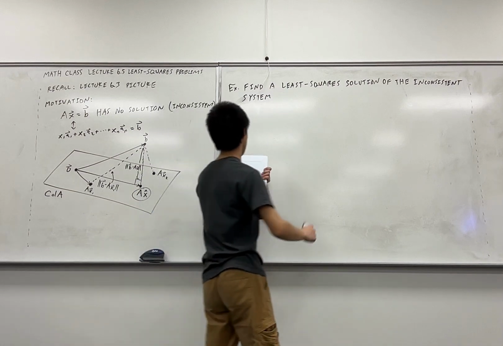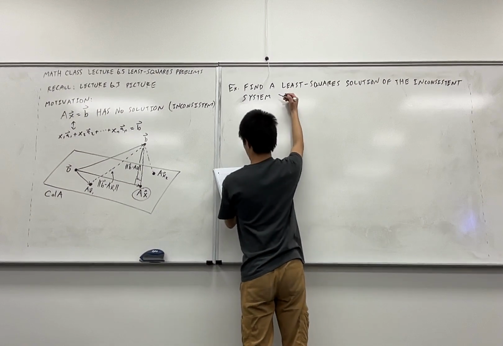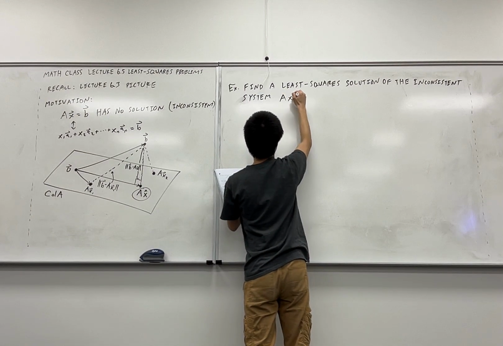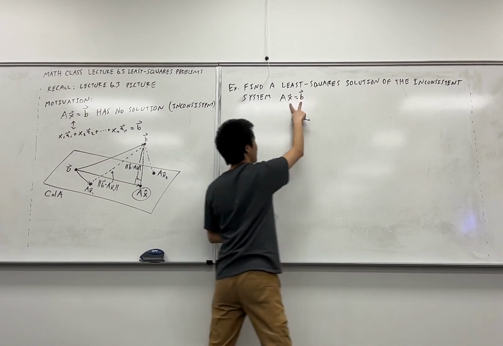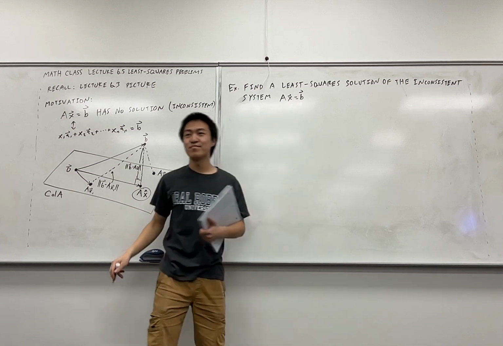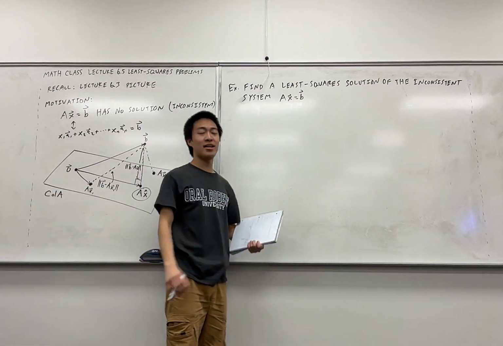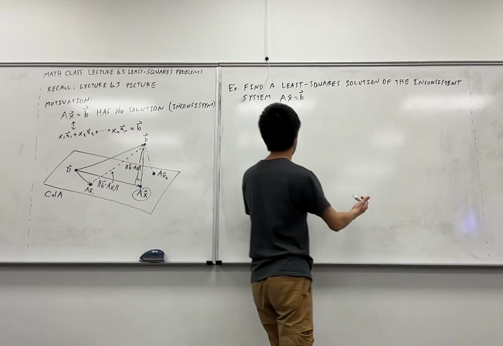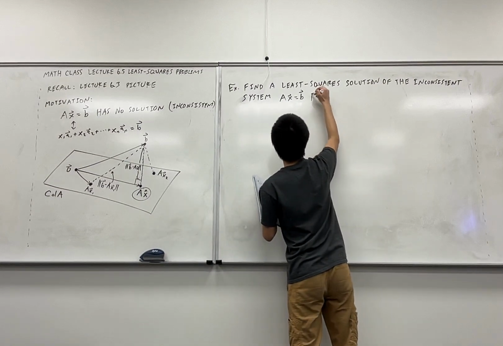Wow, make it a tongue twister. Ax is equal to b. Can we solve Ax equals b? No. Why not? It's inconsistent. Oh no, what do we do?